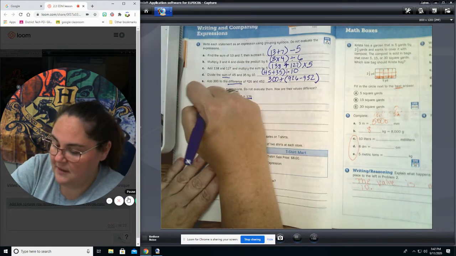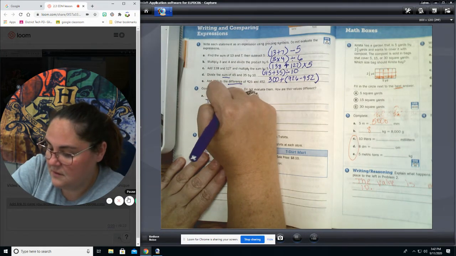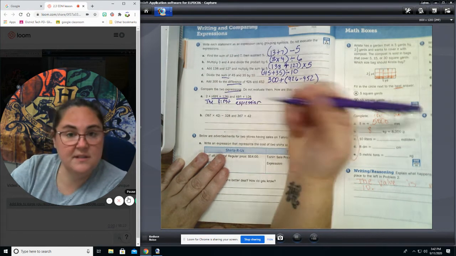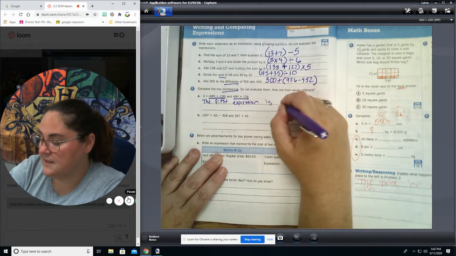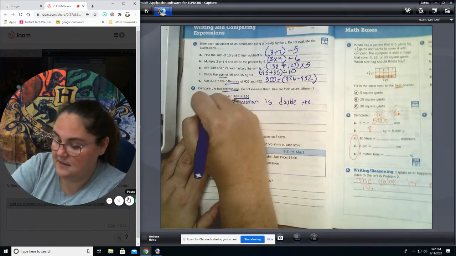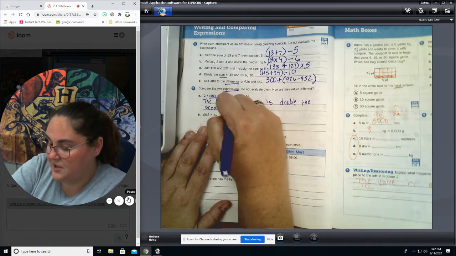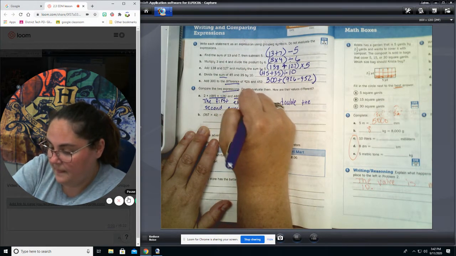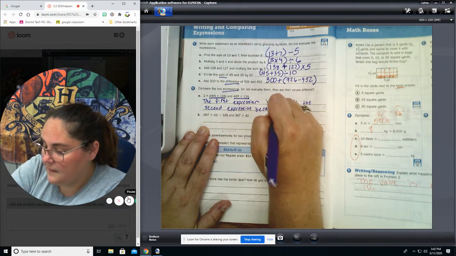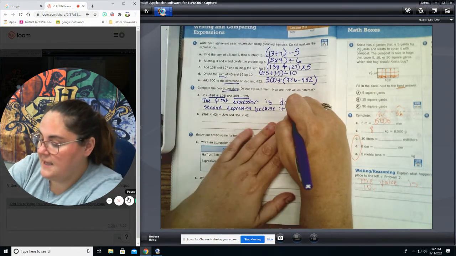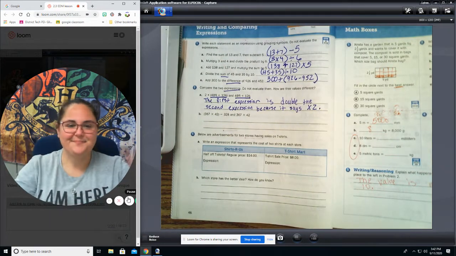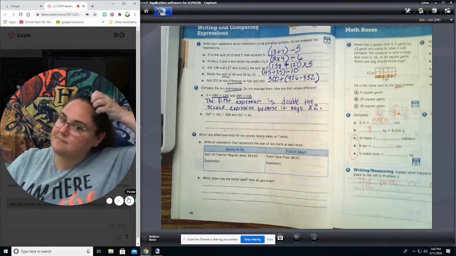I would answer this question: the first expression, and I'm using the word that's right there for me, the first expression is double the second expression because it says times 2. That's what I would write.